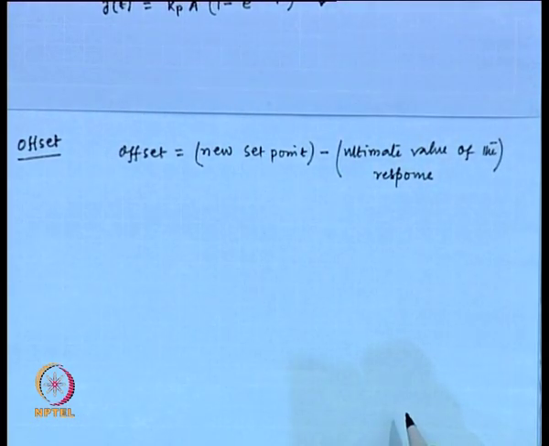Offset is calculated using this form: new set point minus ultimate value of the response.